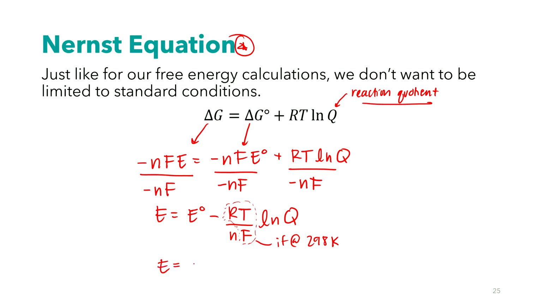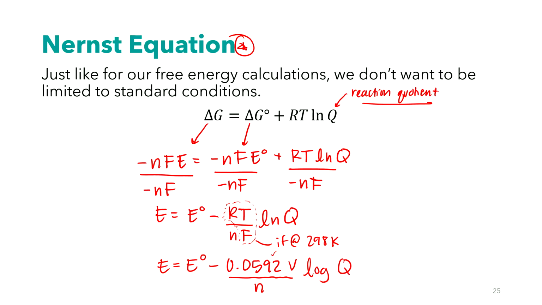And this winds up being E at non-standard conditions is the standard cell potential minus 0.0592 volts divided by N, times the log of Q. That number, 0.0592, is our RT divided by F times a factor to convert from natural log to log base 10.